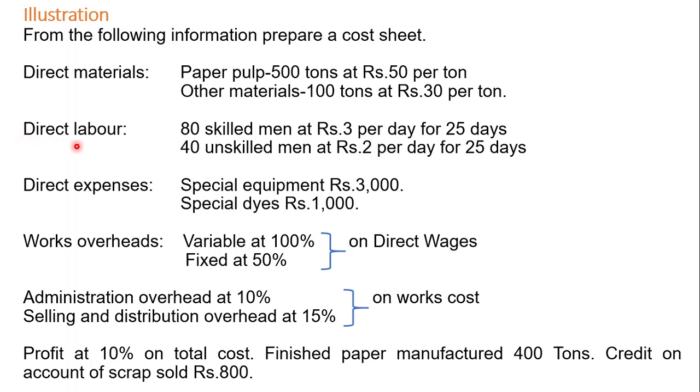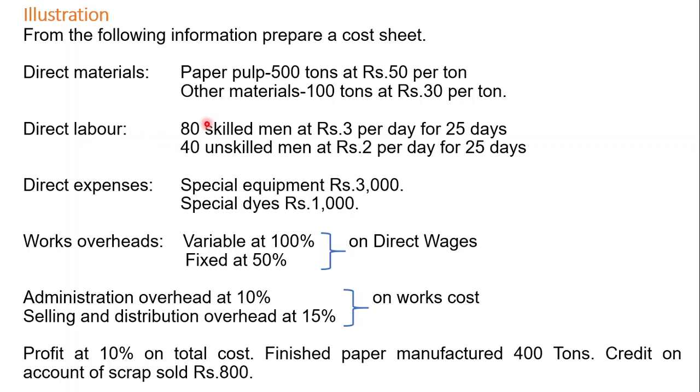Similarly, in direct labor, there are two types of workers recruited by the company. There are some workers who are skilled workers and some other workers who are semi-skilled or unskilled workers. Both categories of workers' information is provided, and the company will compensate wages for their service.